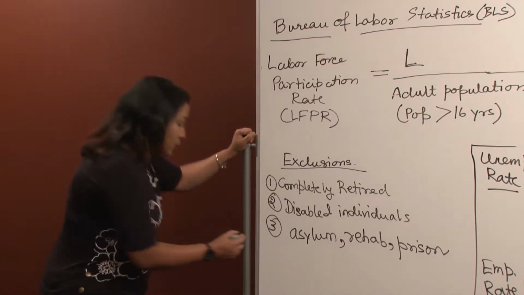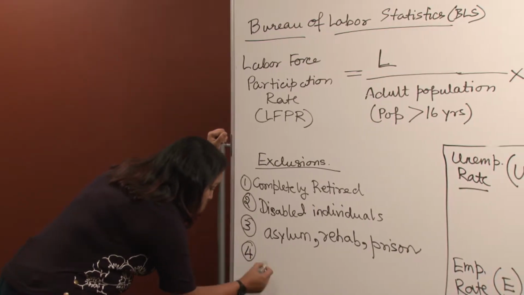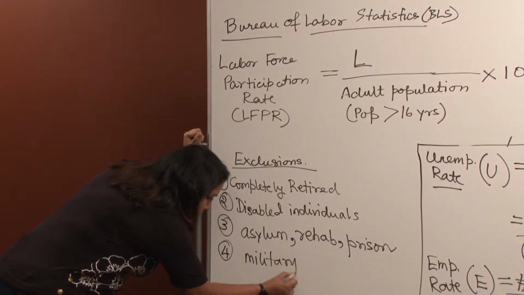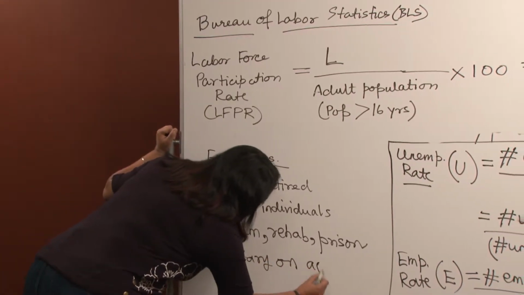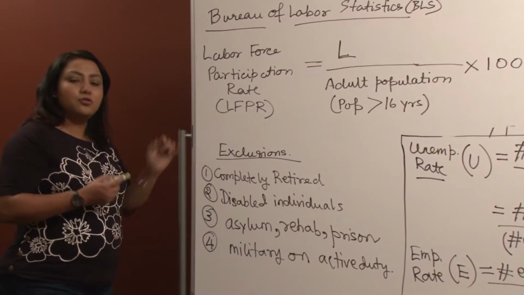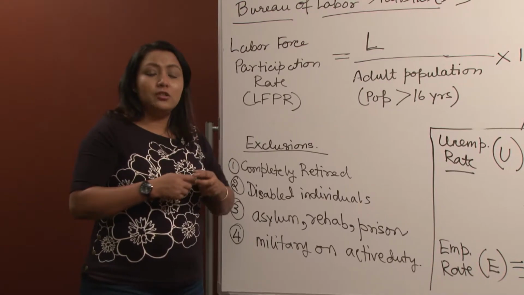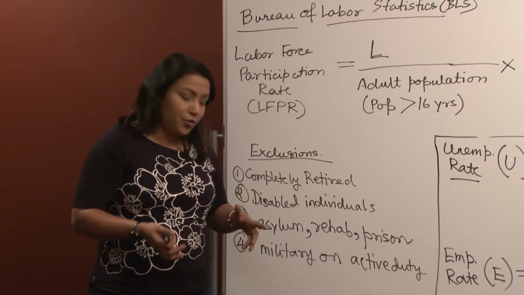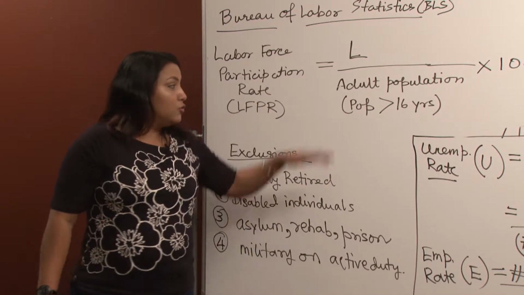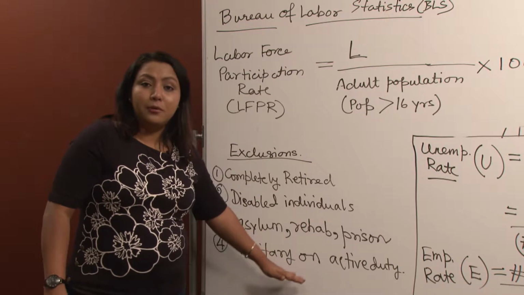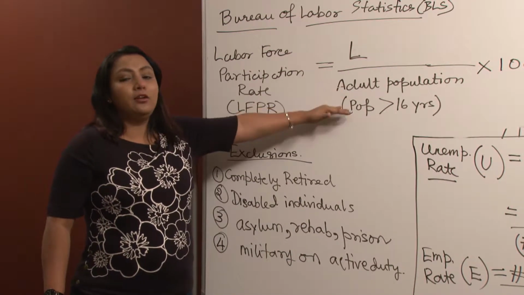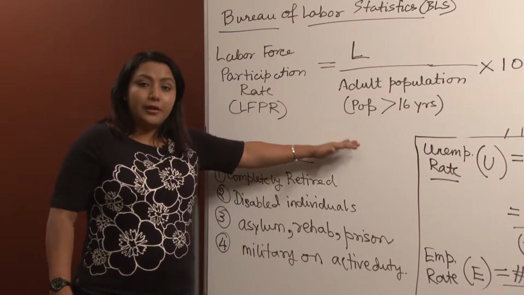And also the military on active duty are excluded because the military is considered a separate sector. They might be stationed at different places, not really within the country. So active duty military personnel are also not included. Everyone above 16 years of age except these people gets included in the calculation of the labor force participation rate.